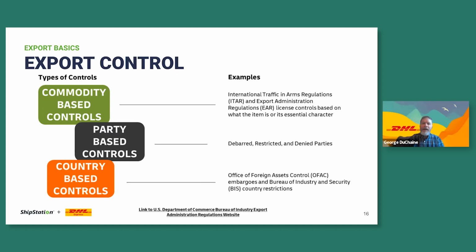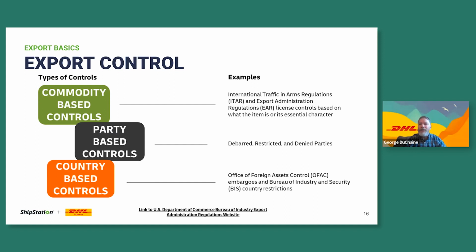And then the highest level of control that we have is the denied parties themselves. So if you're a specially designated terrorist organization, or if you are on the Office of Foreign Assets Control specially designated nationals list, you cannot receive items from the United States.